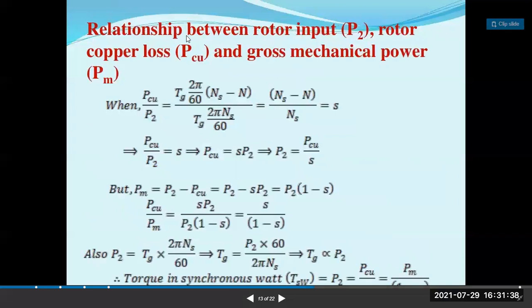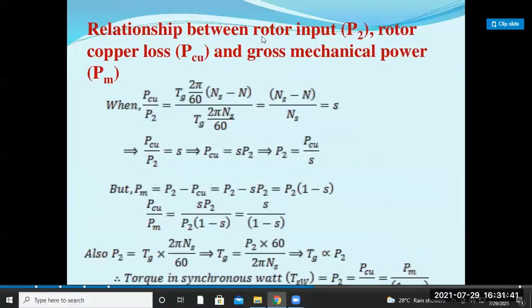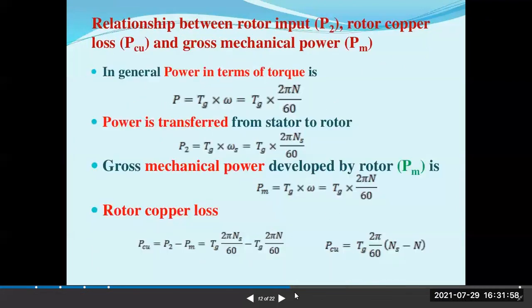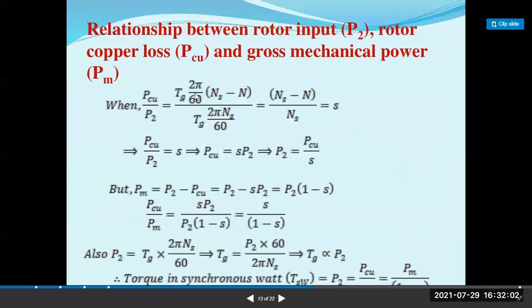In the next term, there is a relationship between rotor input, rotor copper loss, and gross mechanical power. Here PCU, the copper loss, when you divide by P2, just put the value of PCU that we have derived in the upper part and divide with the rotor input.